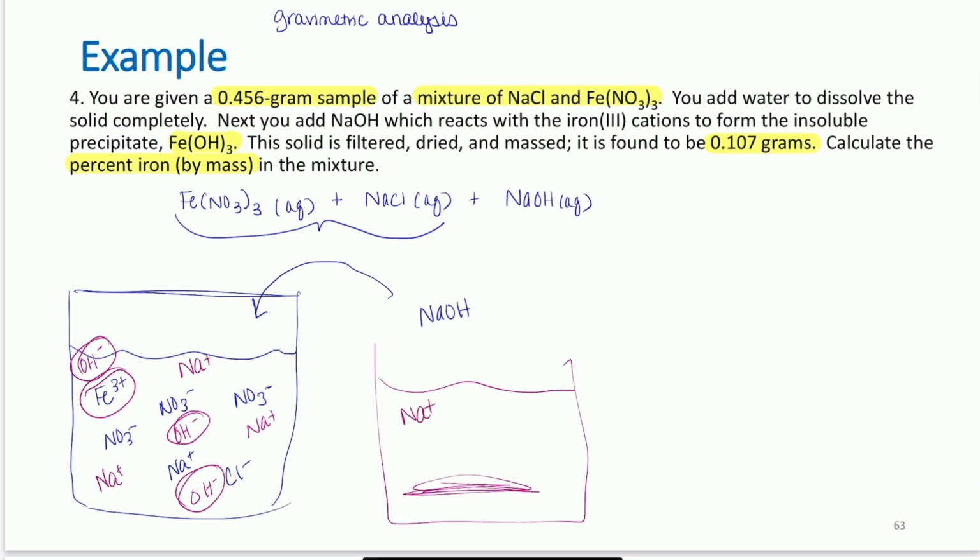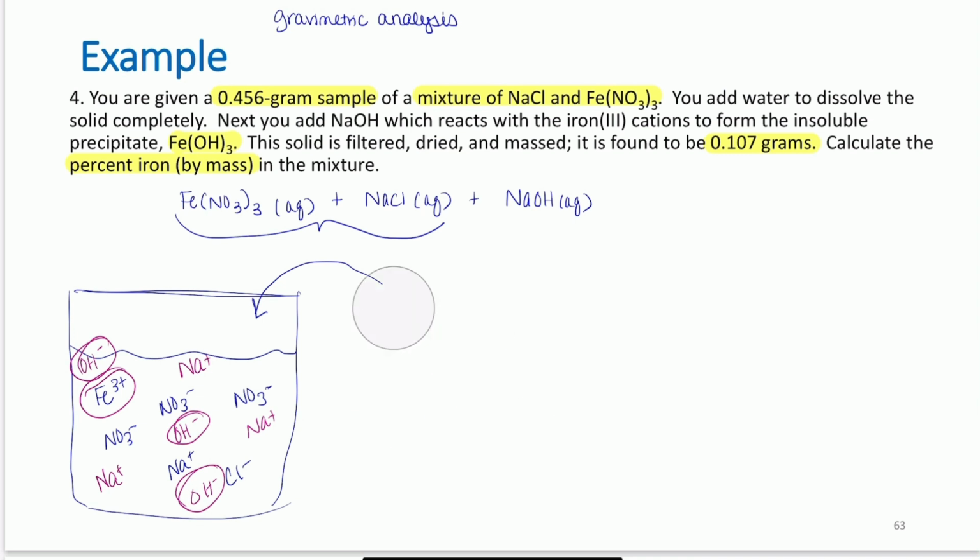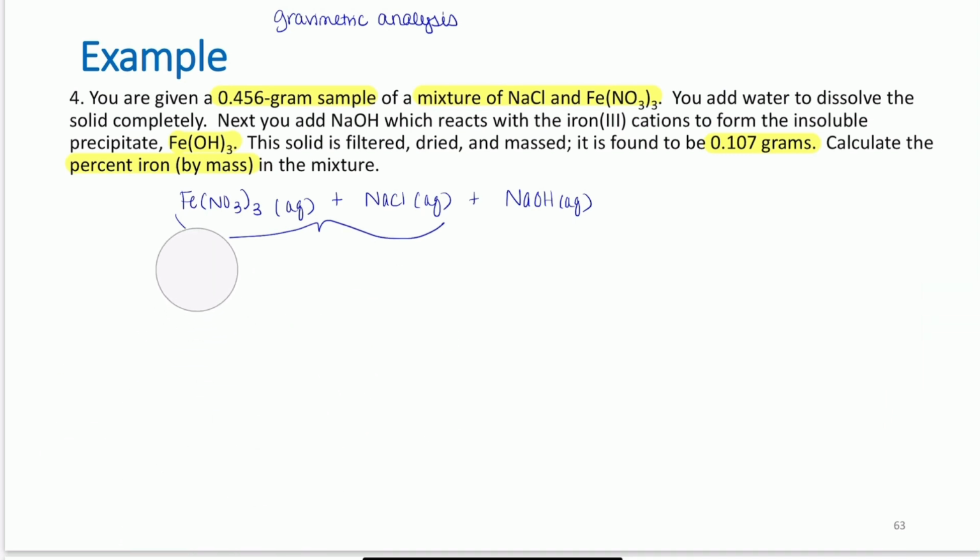The sodium ions and the nitrate ions and the chloride ions are going to continue floating around. But adding that hydroxide is what's going to cause that iron 3 hydroxide to crash out. So this will give you iron 3 hydroxide.